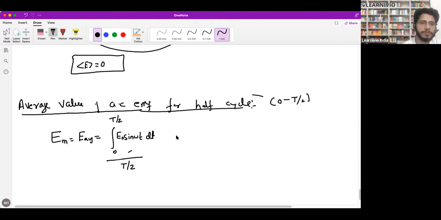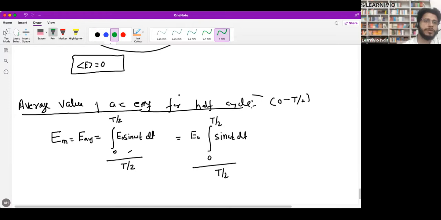When you solve it, you can take E naught outside the integral. So you can write this as the integral from 0 to T by 2 of sine omega t dt, divided by T by 2.